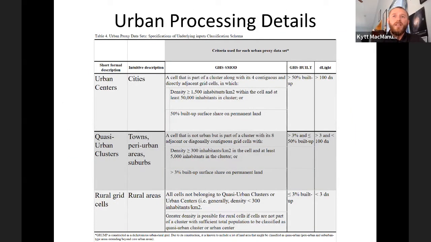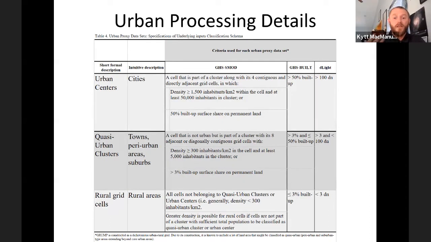I won't go into a lot of detail here, but I wanted to keep it in the slides so that people have access to it later. But here's what we did to turn these data sets into the 3 classes of interest for us, which were urban centers, quasi-urban center clusters, and rural grid cells. For each one of these input data sets, we either had to apply some threshold, or in the case of GHS SMOD, use the methodology that the Joint Research Center pioneered in order to define these different categories.